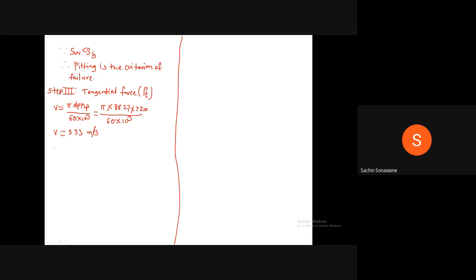Now we will calculate velocity factor, because they have told us in the problem: assume that velocity factor takes into account dynamic load. Therefore, we have to find out velocity factor CV.